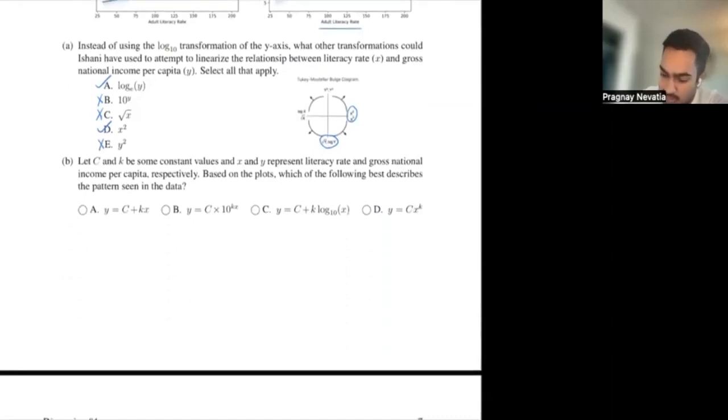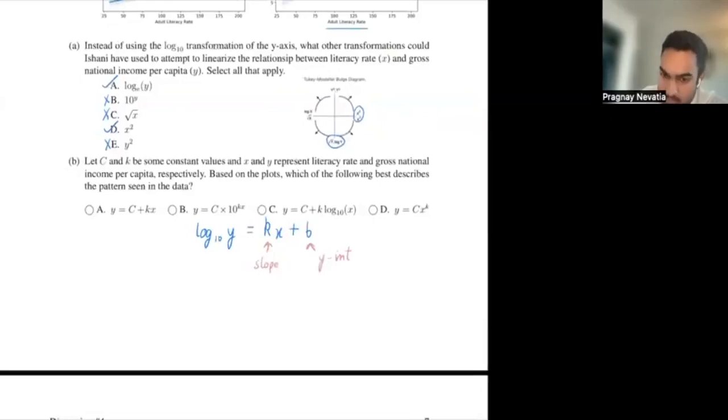So all we're saying, first of all, is that log 10 of y is equal to some constant k times x plus b, where k is the slope and b is the y-intercept. And we can process this further to obtain an expression for y itself. So we can raise both sides to the power 10.